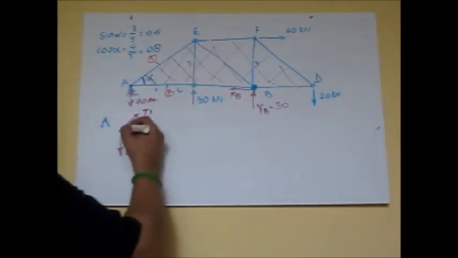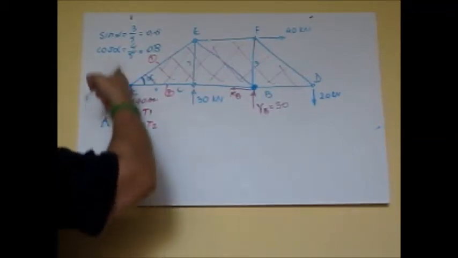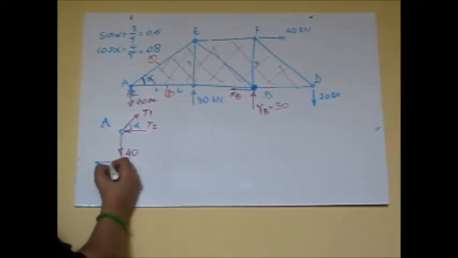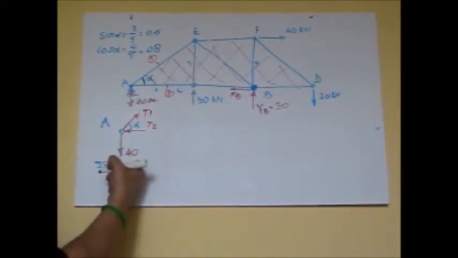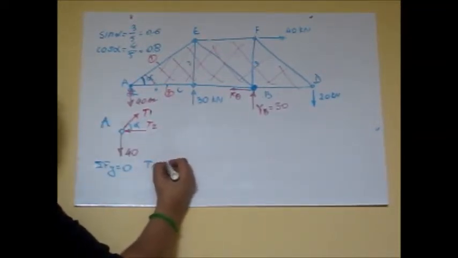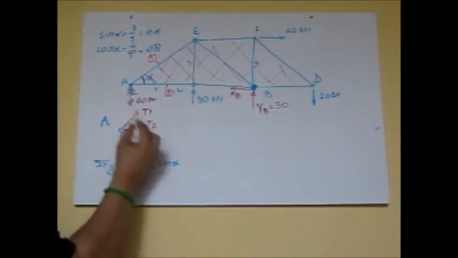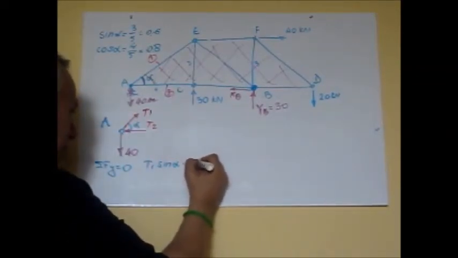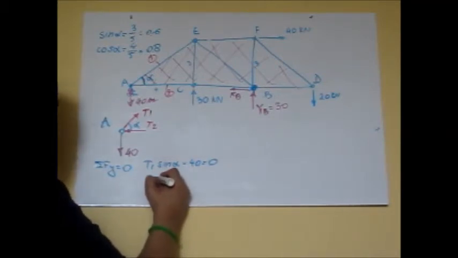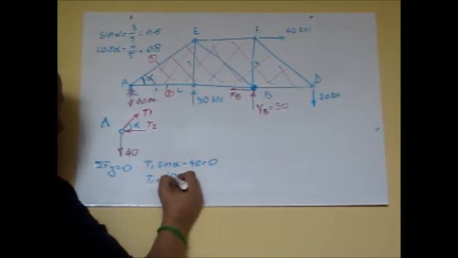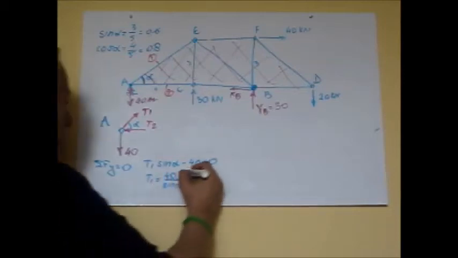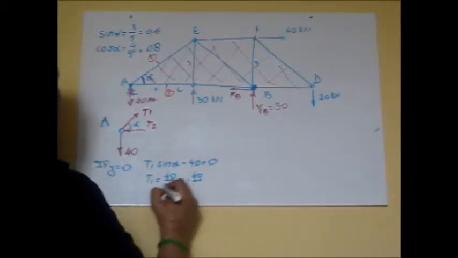And this angle is alpha. Look now, if I take the sum of the forces in the axial vertical equals 0, what I have in axial vertical? I have T1 sinus alpha minus 40 equals 0. So I'm going to have T1 equal 40 over sinus alpha. How much is sinus alpha?